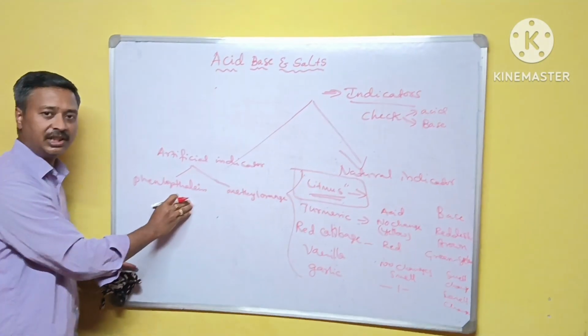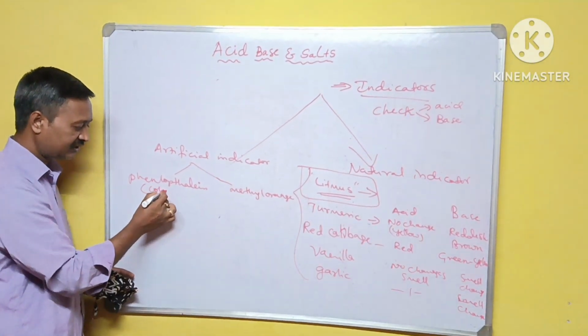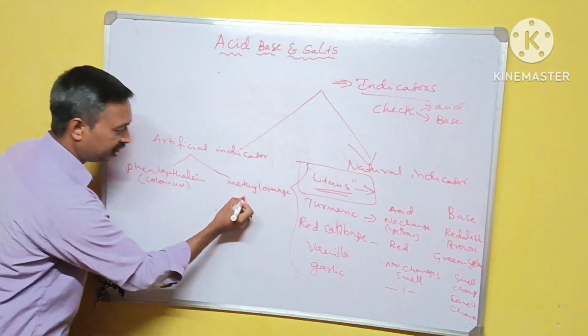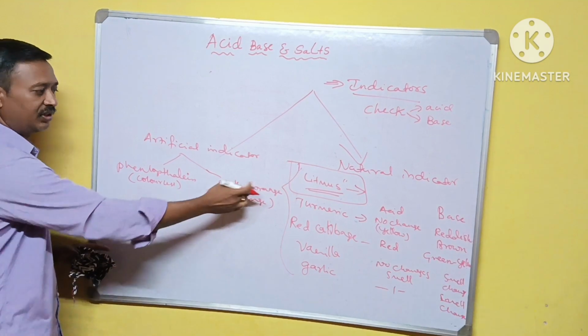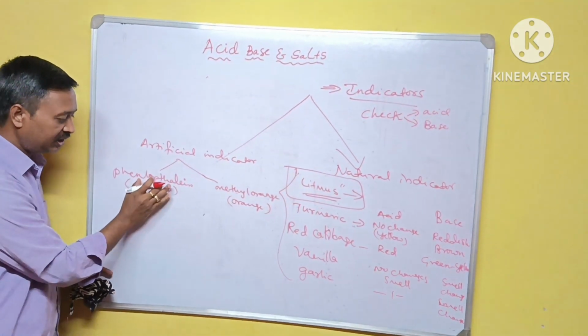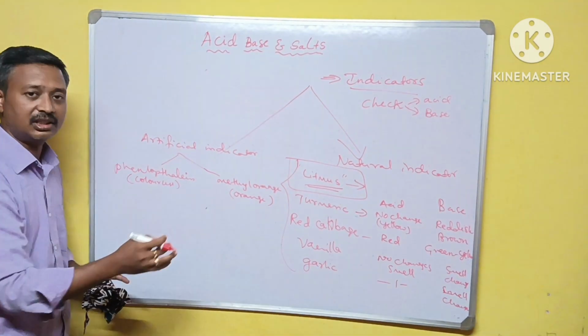Phenolphthalein is a colorless liquid, whereas methyl orange is an orange color liquid.